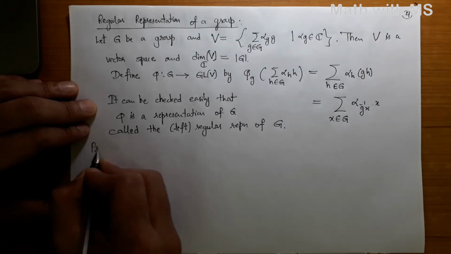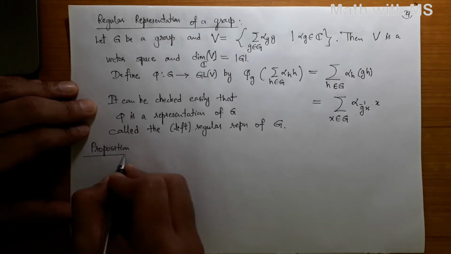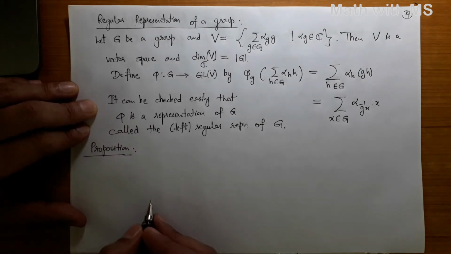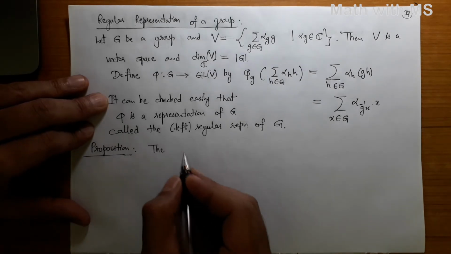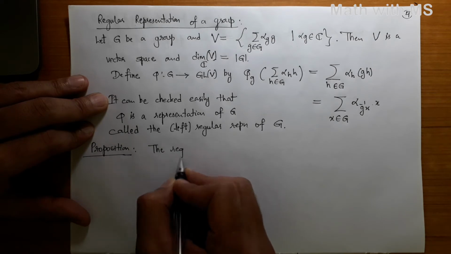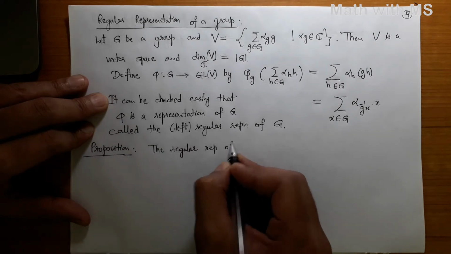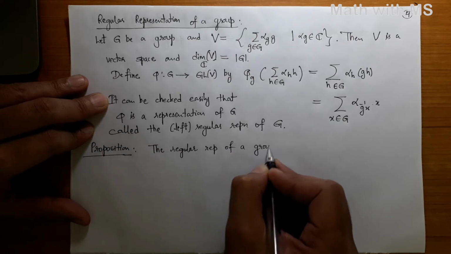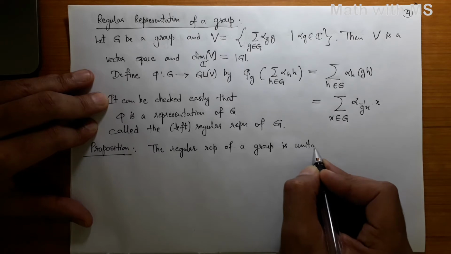Let us observe something about the regular representation. I record it in this form: Proposition. The regular representation of a group is unitary.